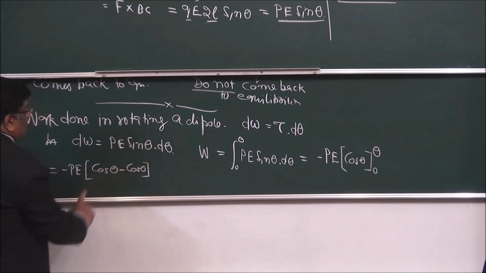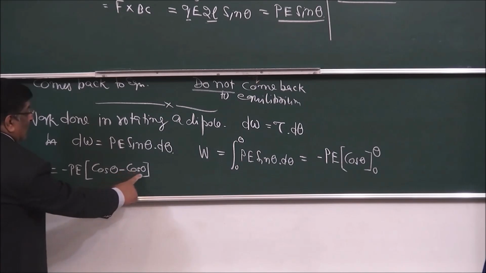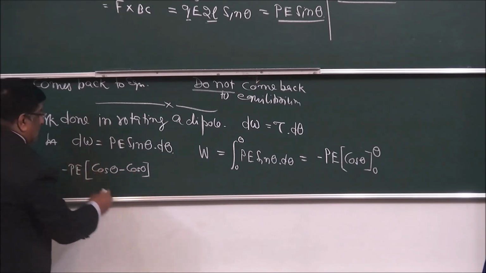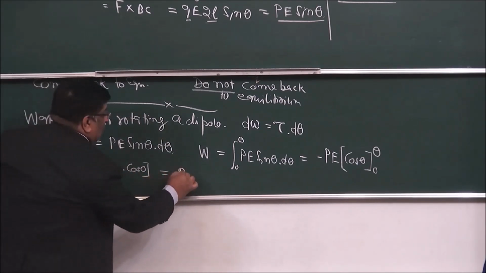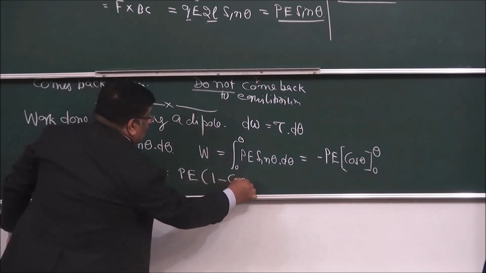How much is cos 0? Cos 0 is equal to 1. So this is minus 1. Take this minus inside, so this will be PE into 1 minus cos theta.